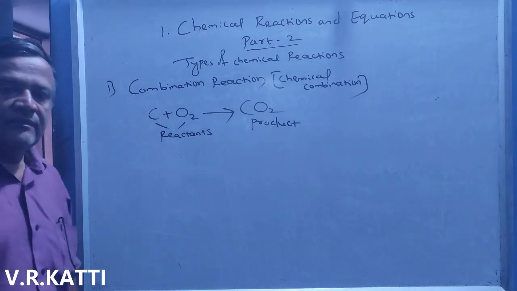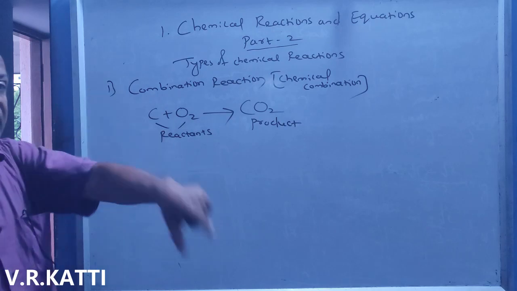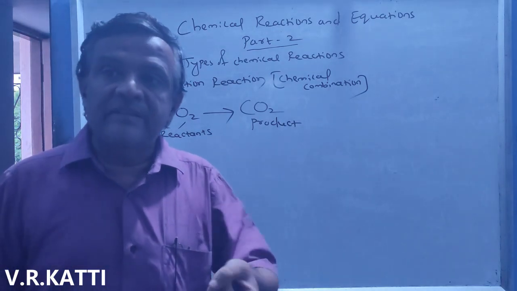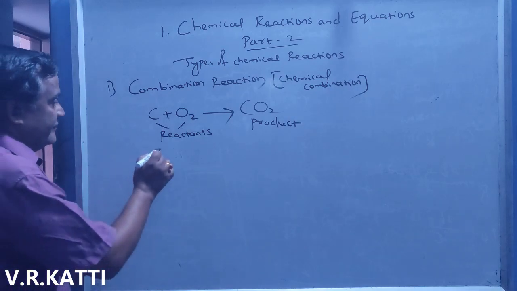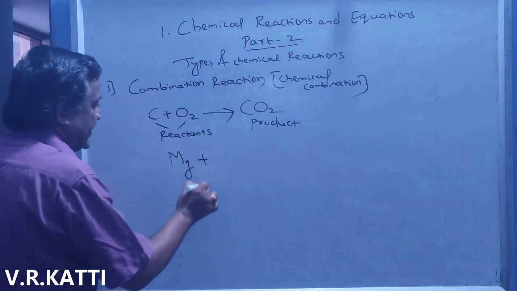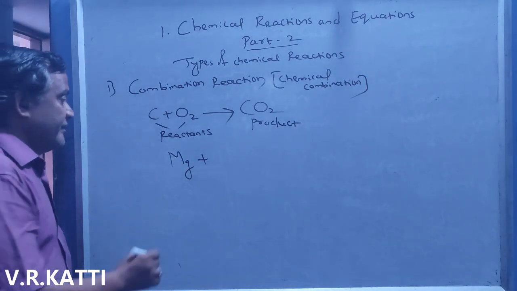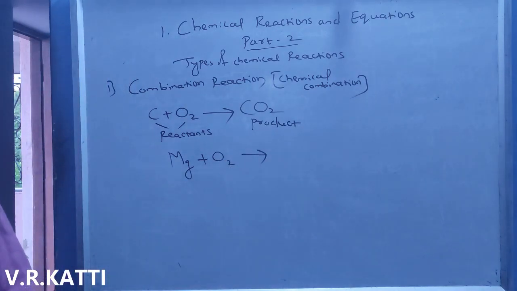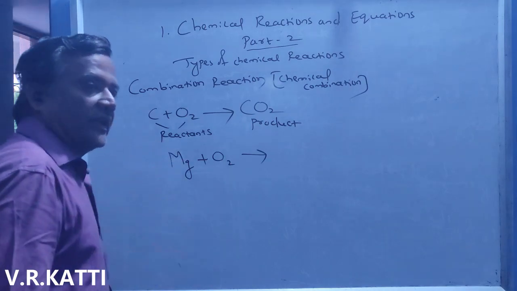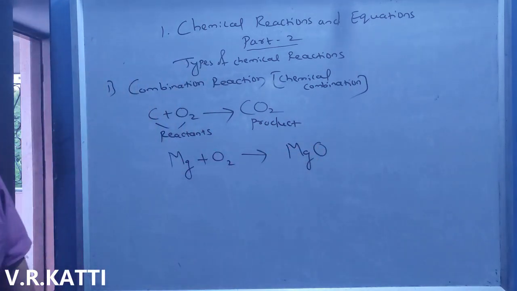Students, let us take one more example: burning of magnesium ribbon in the presence of air. Mg plus O2 gives MgO, magnesium oxide.